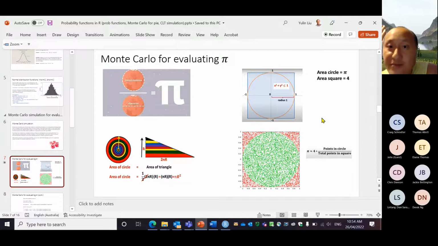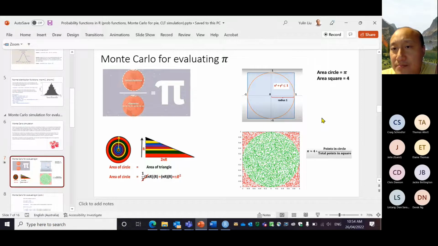Now, if I tell you the radius or diameter of a circle, then we can calculate the circumference and the area of that circle.